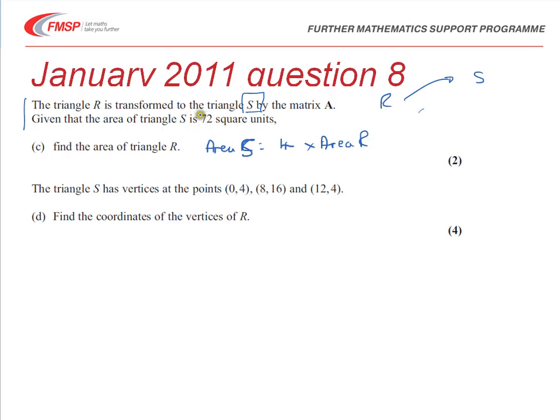Well, we're told in the question that S is 72, so therefore the area of R is equal to 72 divided by 4, or 18 square units.